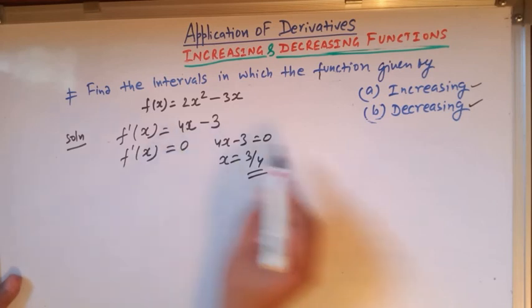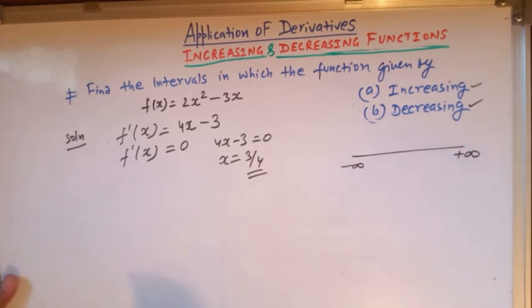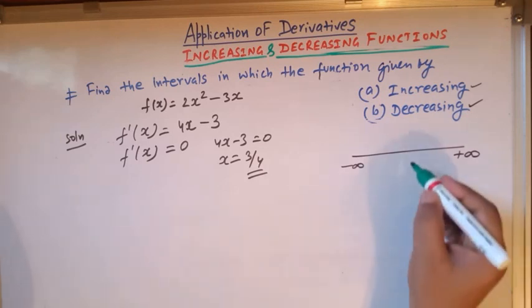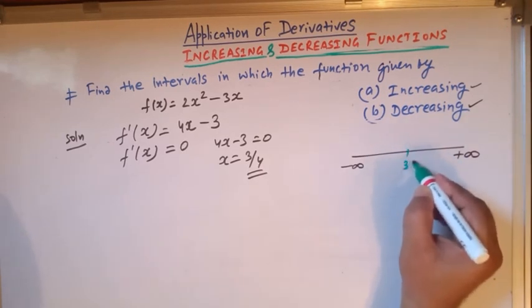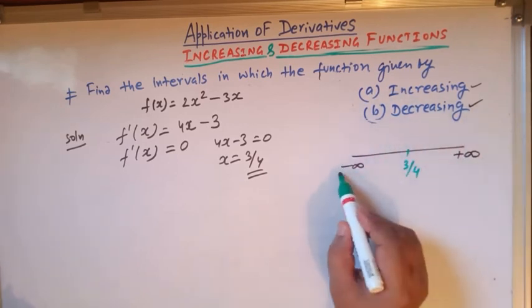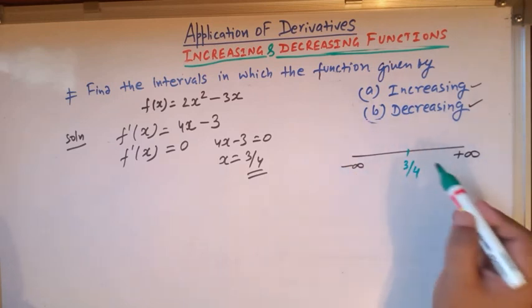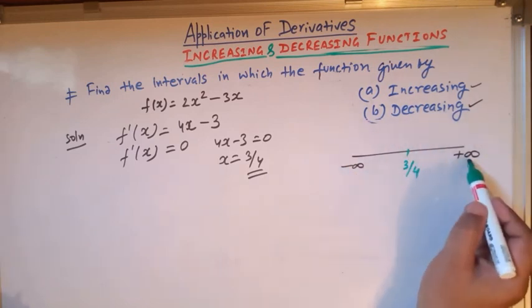Now we have this real number line, and here we have the critical point, this is 3 by 4. Now we have two intervals here. First is from minus infinity to 3 by 4, and the second one is 3 by 4 to infinity.